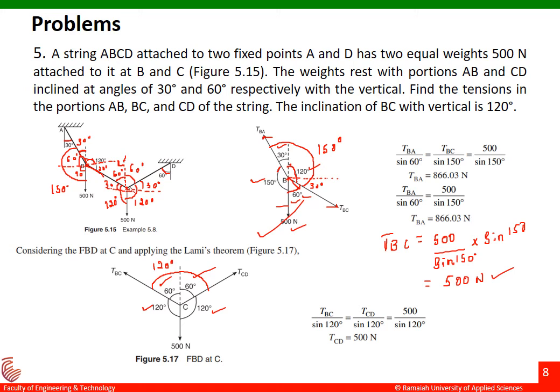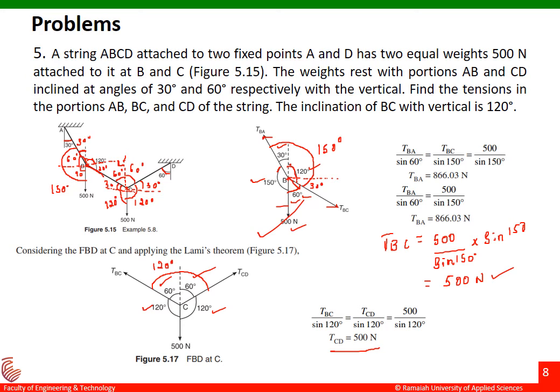Now we found out the angle made by the forces. Let us apply Lami's theorem in order to get the forces in TBC and then TCD. So in the previous step, we found out the answer for TBC. We don't have to find it once again here. So let us find out the last unknown, that is TCD. TCD is given by the expression 500 divided by sine 120 degrees into sine 120 degrees.